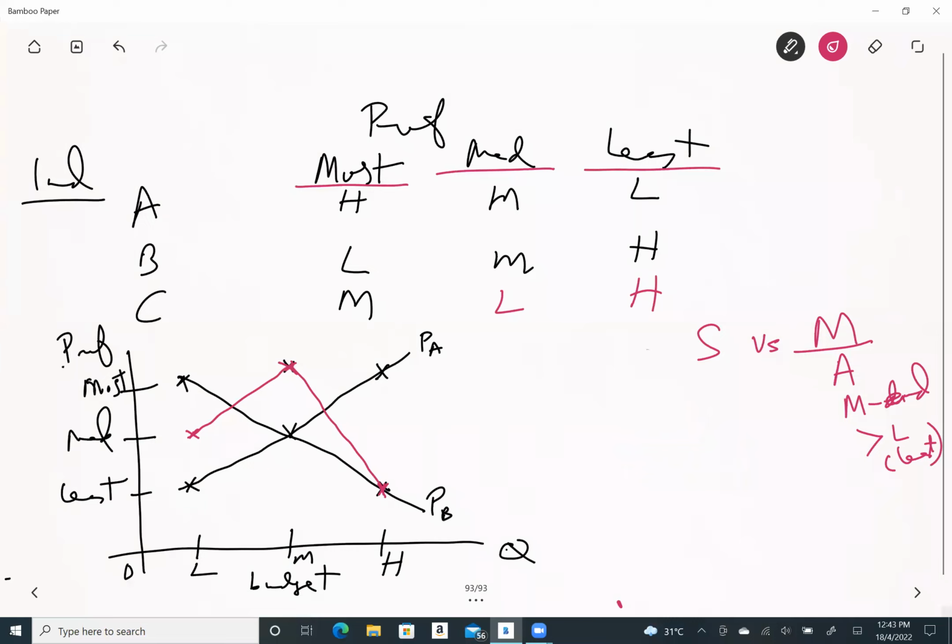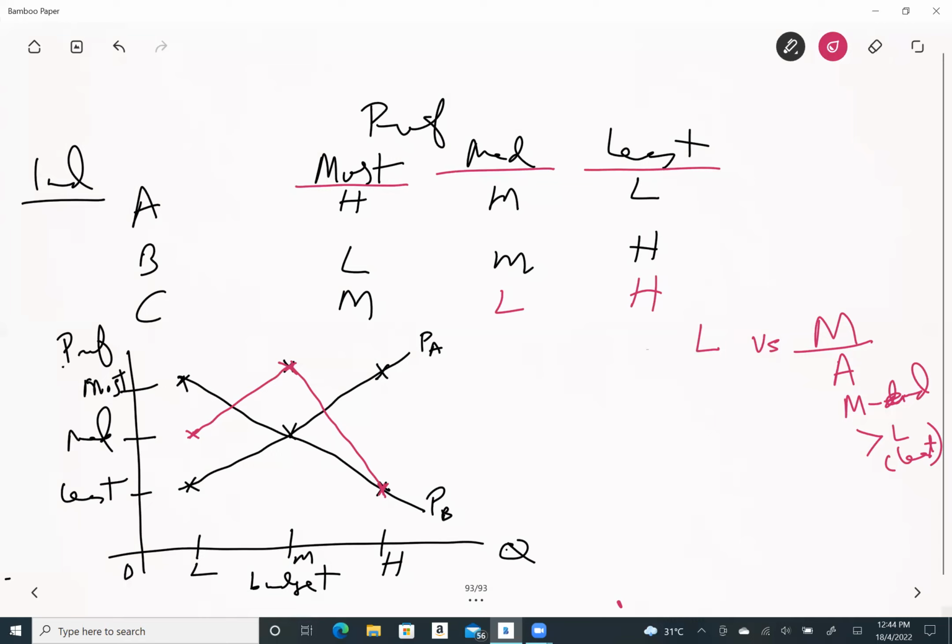Now you look at B. We are talking about L. Low versus medium. I hope you are not confused. So for B, B votes for what?